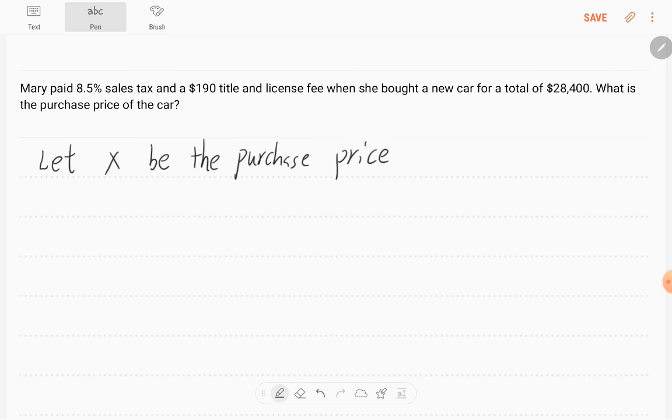Okay, so now let's look at how much she paid for the sales tax, which is 8.5% times x plus the title and the license fee, which is $190. So the total would be $28,400.